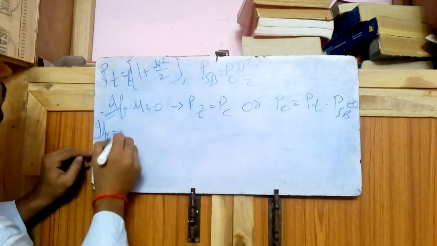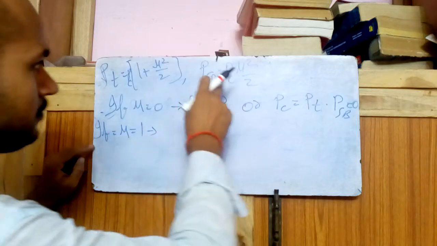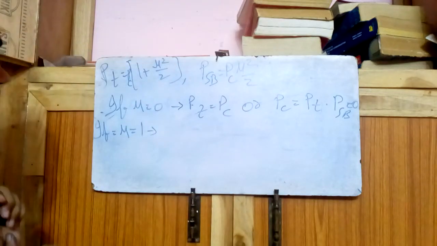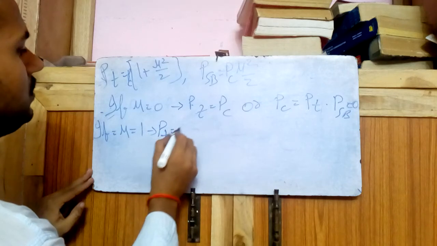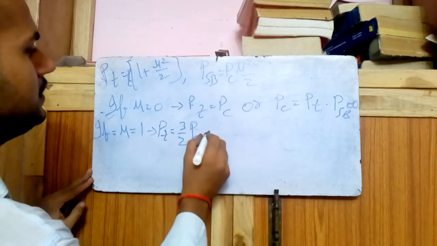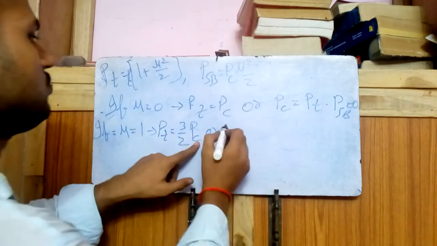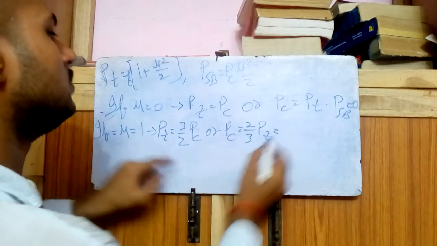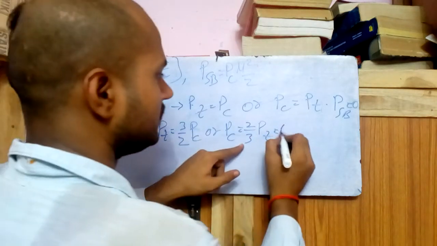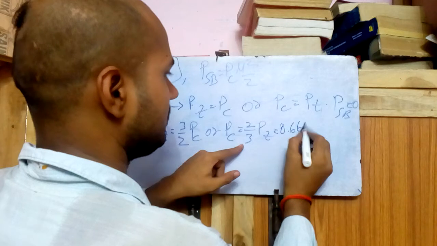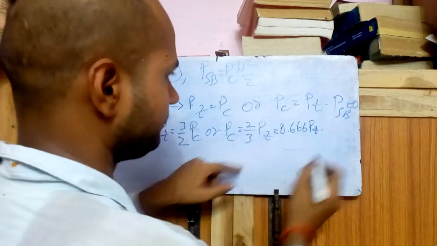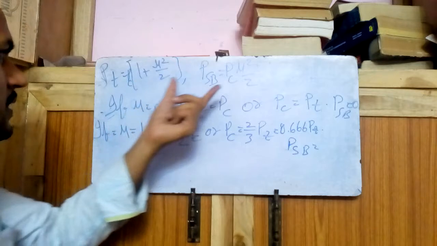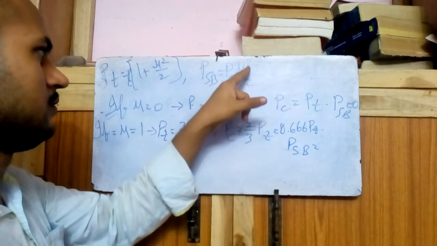If mu is equal to 1, put it here, so this is 3 by 2. So Pt is equal to 3 by 2 of Pc, or Pc is equal to 2 by 3 of Pt, which means 0.666 Pt. And what will be the Psb?